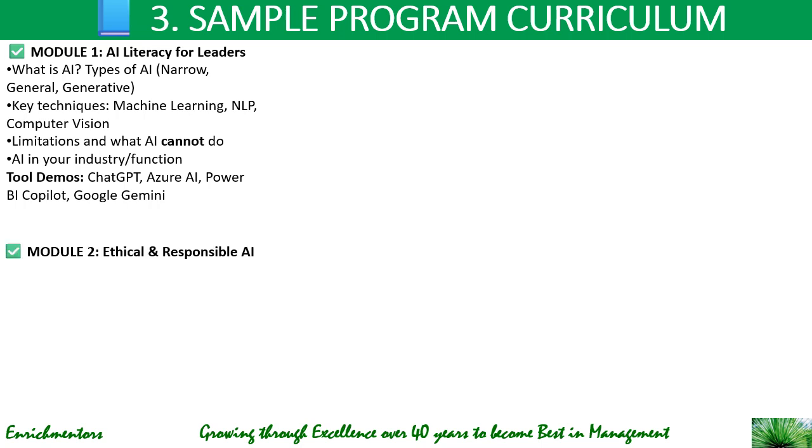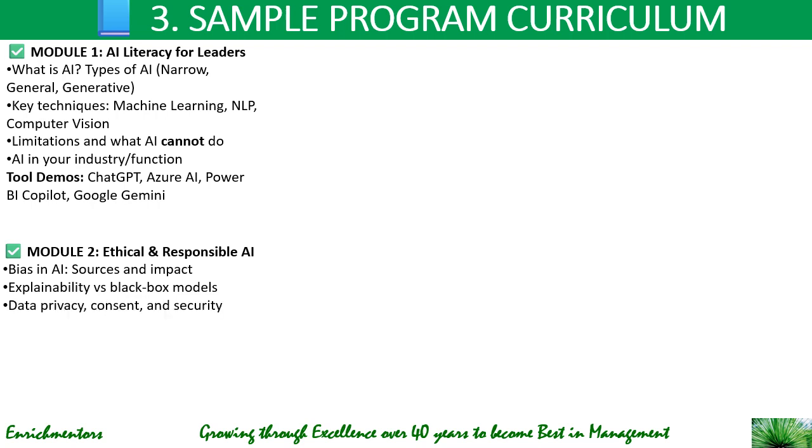The second module could be on ethics and responsibility of AI, in which you can talk about bias in AI, sources and impact, explainability versus black box models in these AI algorithms, then data privacy, consent and security issues and how to handle that.